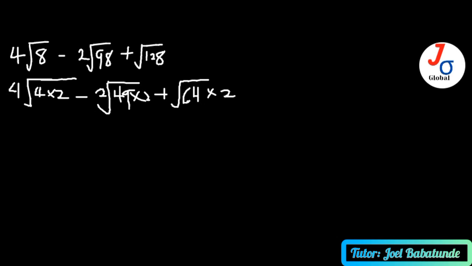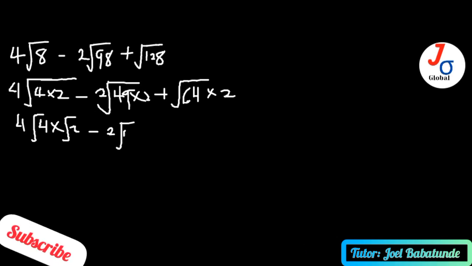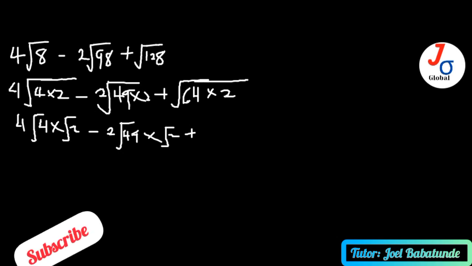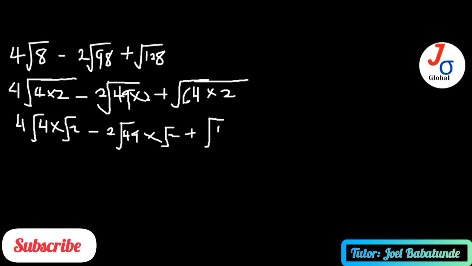Okay, so I have 4 root 4 multiplied by root 2, then minus 2 root 49 multiplied by root 2, plus root 64 multiplied by root 2.